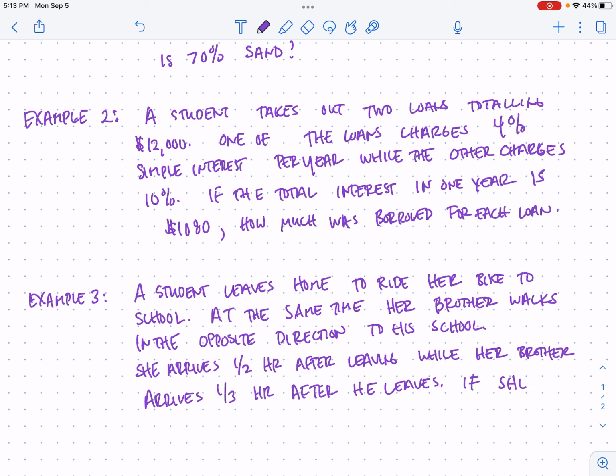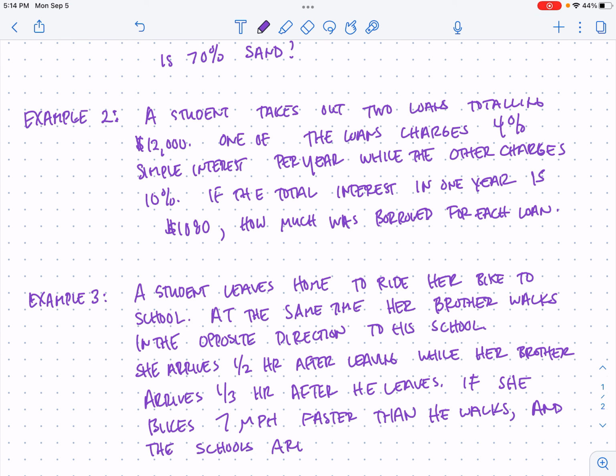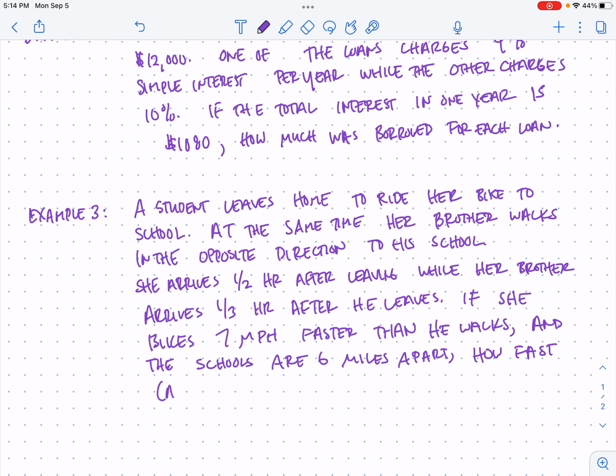If she bikes 7 miles per hour faster than he walks, and the schools are 6 miles apart, how fast does each travel, or at what rate does each travel?